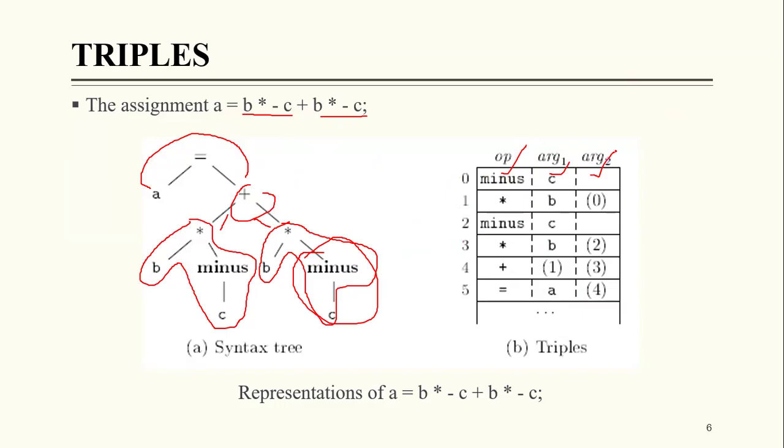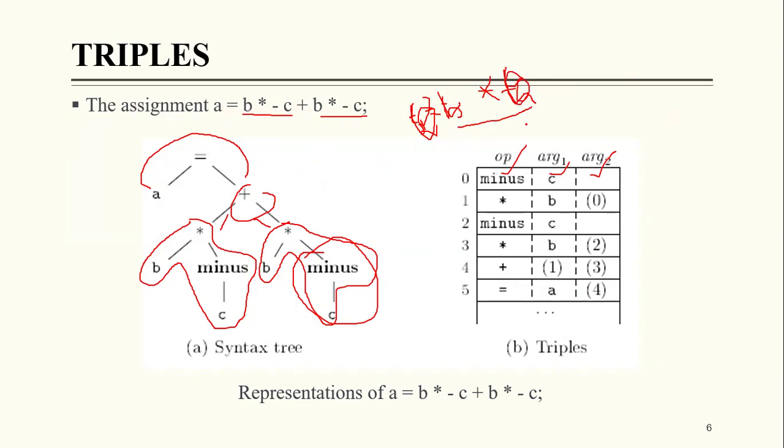Next, the three-address code we wrote was t2 equal to b star t1. But here we are not using the temporary variable. Only b star t1 we have to use, but this t1 also we will not use.